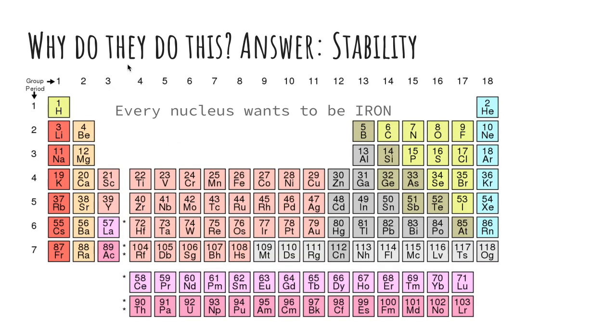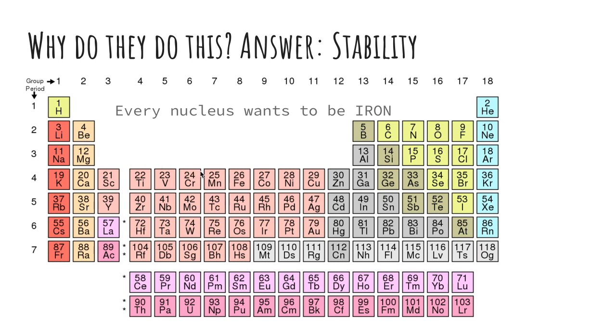Now, why do things actually go through these different types of reactions? Well, it's because these nuclei want to become more stable. Every nucleus wants to become iron. So if it's a small nucleus, like hydrogen, helium, lithium, beryllium, all the way up to iron, which is 26, if it's 25 or less, they want to grow.